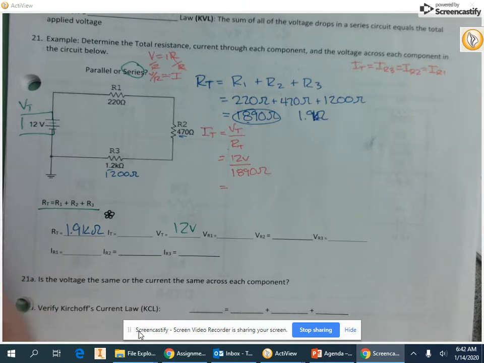How do I get the answer as a mode? Let me find another calculator here. Sorry about this. Oh, where is it? There we go.